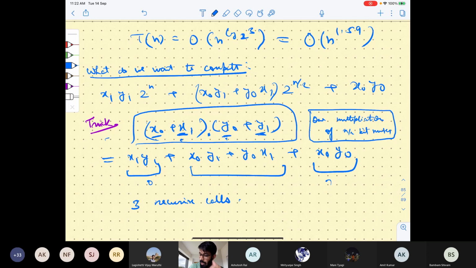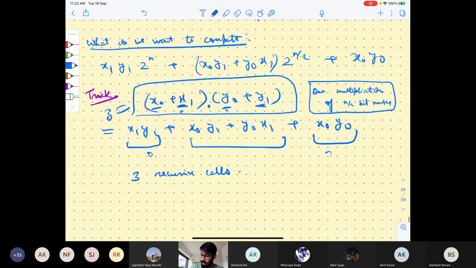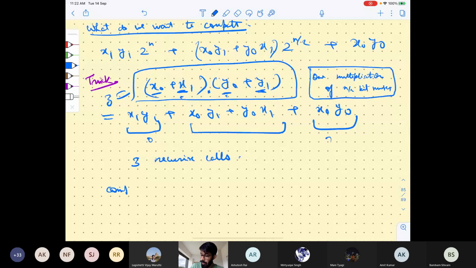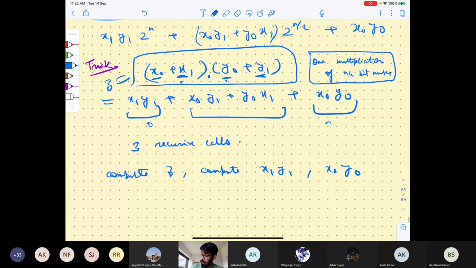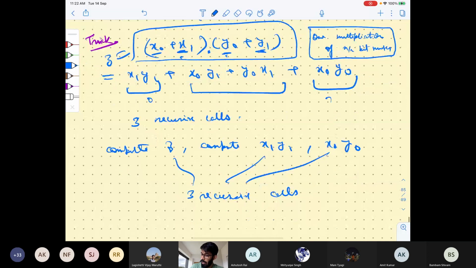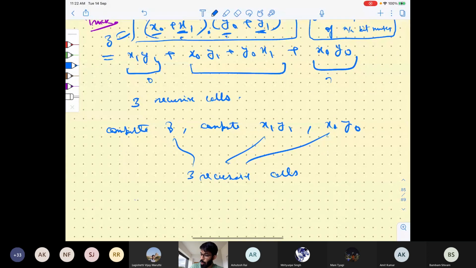So let's call this number z, for example. What am I saying? Compute z, compute x1 y1, and x0 y0. So these are the 3 recursive calls. And then how do you output your number?